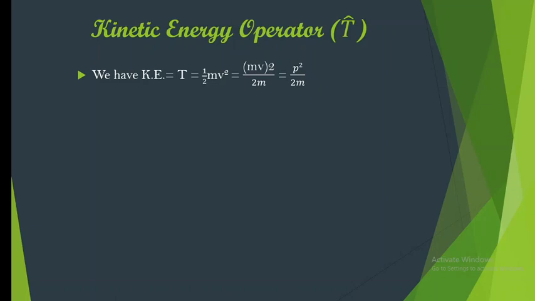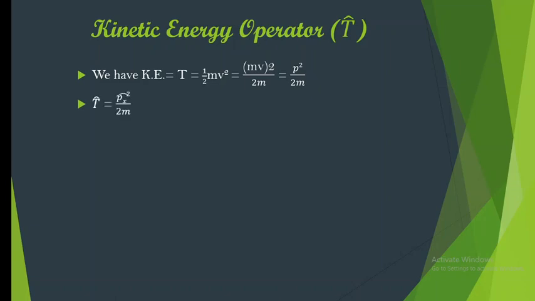So mv is nothing but p. That is, p is equal to mv is the general equation for linear momentum. That's why we get kinetic energy T is equal to p square by 2m. So this is a very general thing everyone knows. But how it is going to change with respect to quantum mechanics, we are going to study.